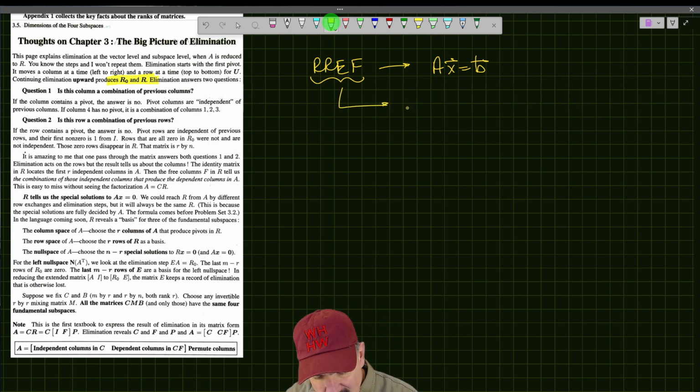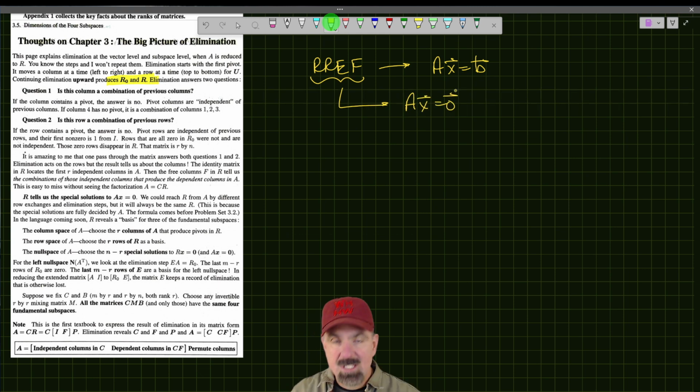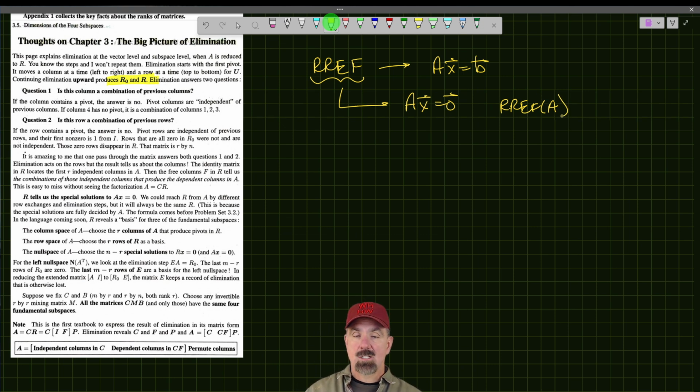It gives us information about AX equals 0, obviously, and really RREF of A is what is giving us the solution for AX equals 0. So that's giving us how to find the null space. That's giving us one of the fundamental subspaces.